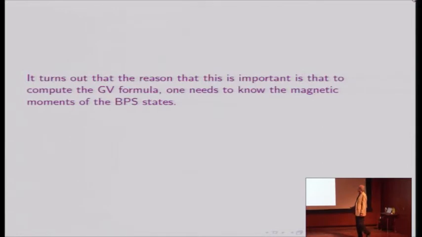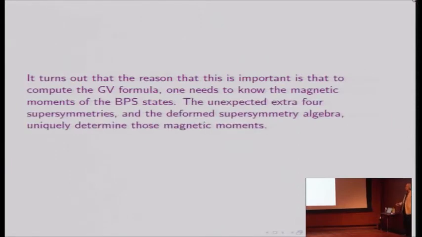It turns out that to compute the GV formula, you need to know the magnetic moments of the BPS states. And the unexpected extra supersymmetries and the deformed supersymmetry algebra turn out to uniquely determine the magnetic moments. And they enable you to get the universal Gopakumar-Vafa formula. If you didn't have the extra supersymmetries in the graviphoton background, you wouldn't be able to justify the universal magnetic moments that you need.